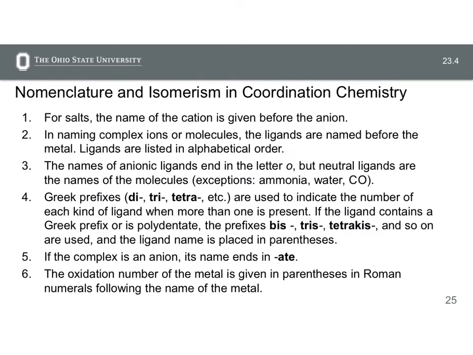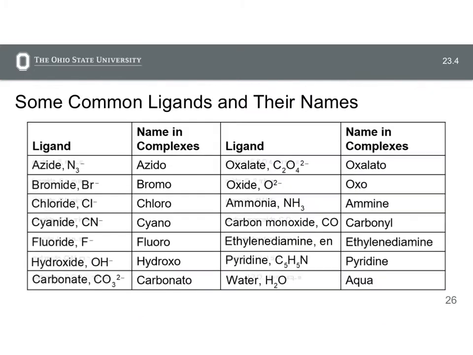All right, so I mentioned last time that we will not be doing nomenclature, and that's still true, but the slides are still in here. So I just wanted to make sure that you understand, not tested on naming. There are a lot of rules for naming. I'm not going to go through all of these.